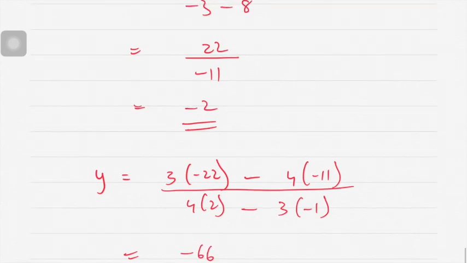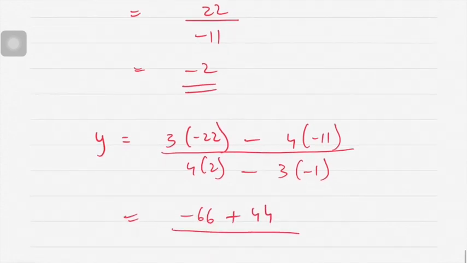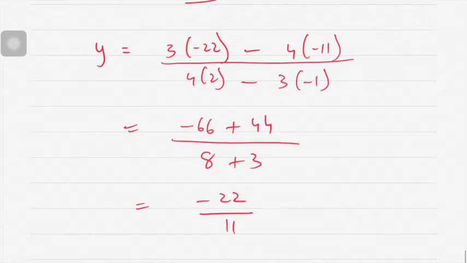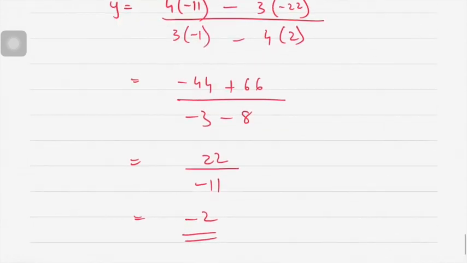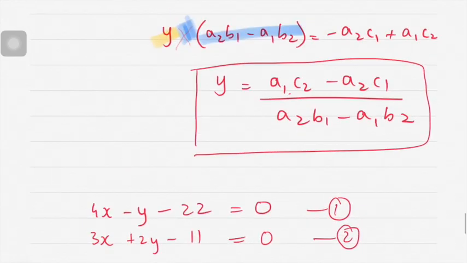Okay. So 3 into 22 is minus 66. Okay. And minus minus plus 44 upon 8 minus minus plus plus 3. So you got minus 22 upon 11, which is equal to minus 2. Got it?